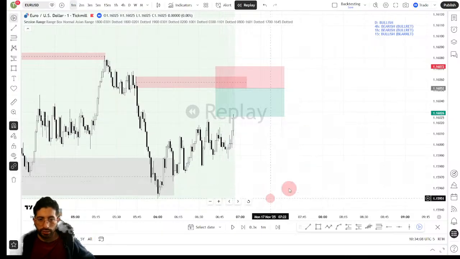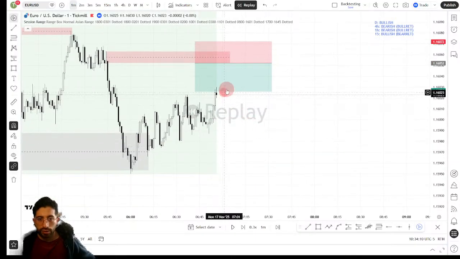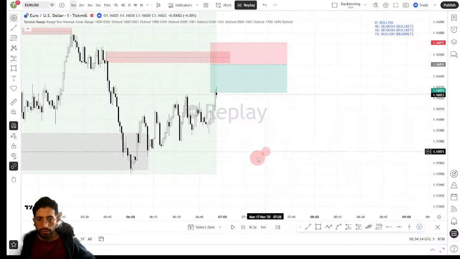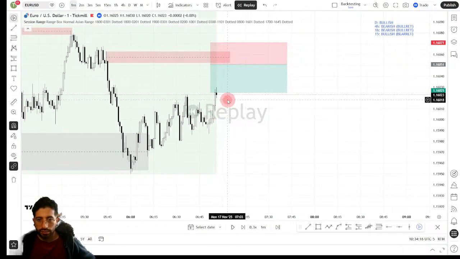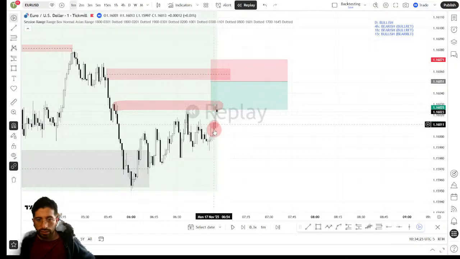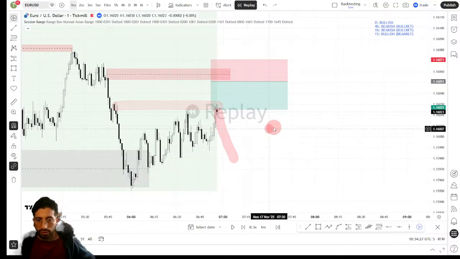By the way, the price is getting to our entry point, but actually what the price also can do is simply continue going down. It also can react on this order block, which is already here. Look, this one. So it can, boom, continue going down, which is a possibility.